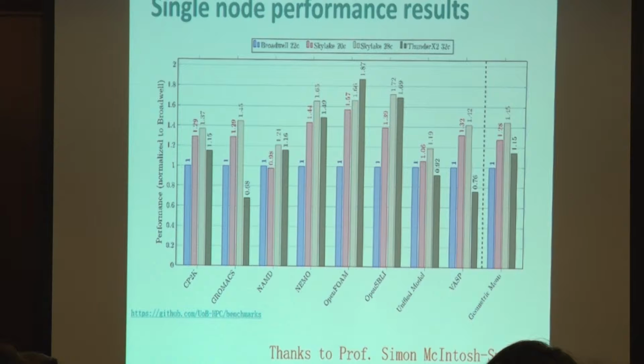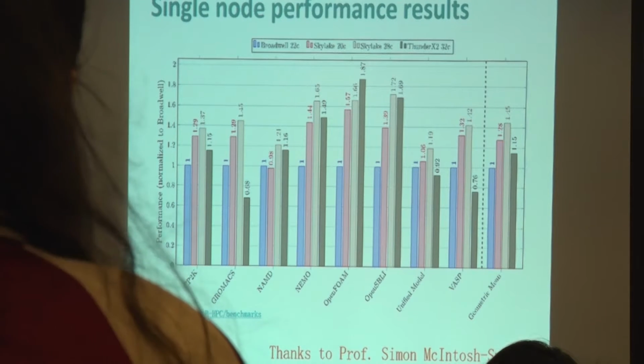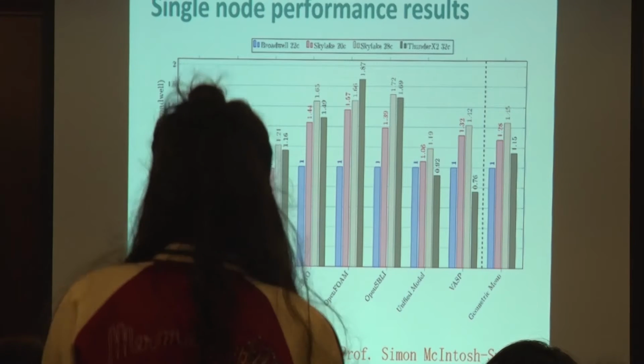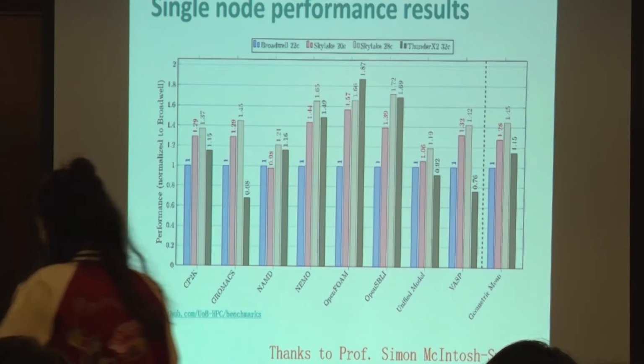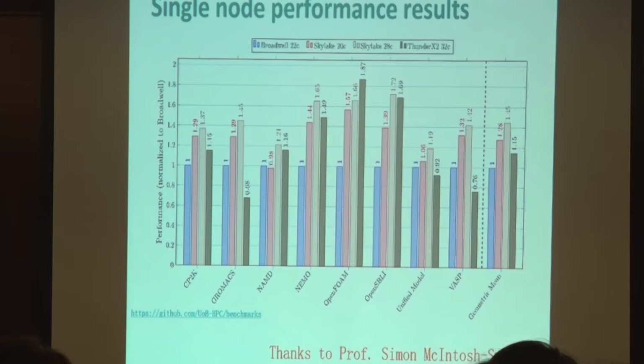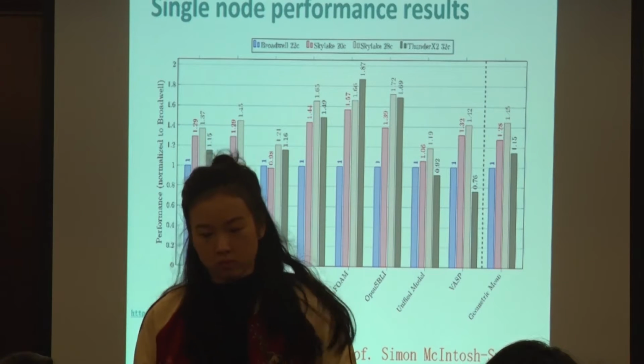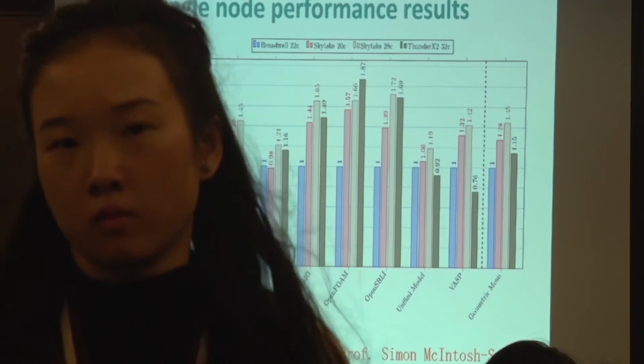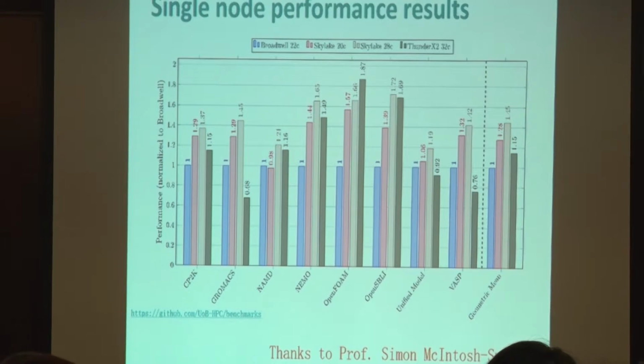There is another single node performance result, also compared with Broadwell. These are the most used top 10 codes on Archer, the UK national supercomputer, at the UK National Supercomputing Center. The story here is that the particle-based codes are not performing as well as we want, but they are reasonable.